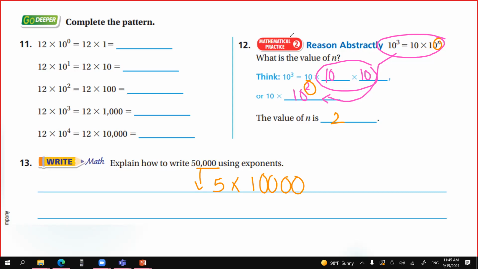Bravo. Now 1 or 10,000. If I write it as an exponent, it's 10 to the power. How many zeros do we have? 4. Bravo. So I can say it's 5 times 10 to the power 4.